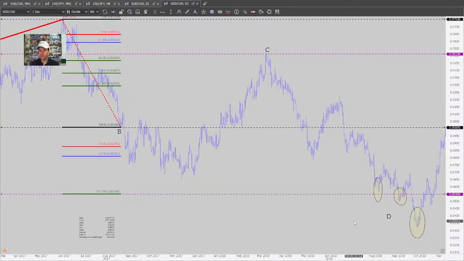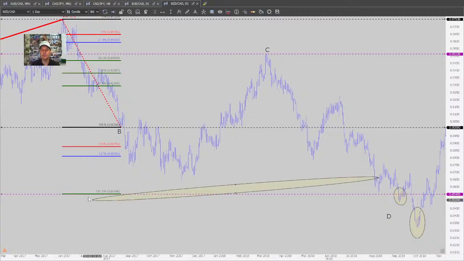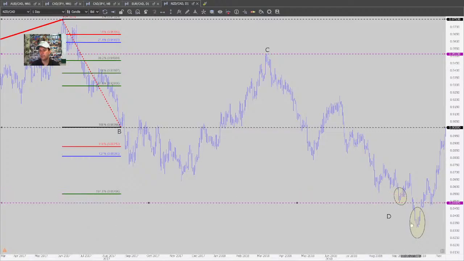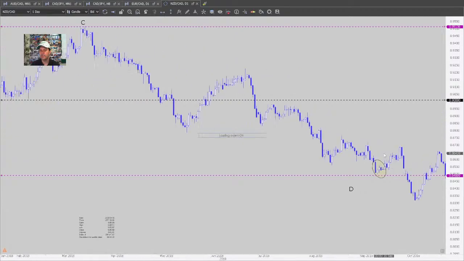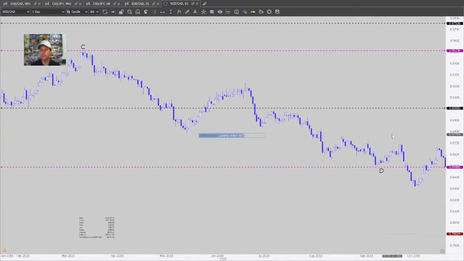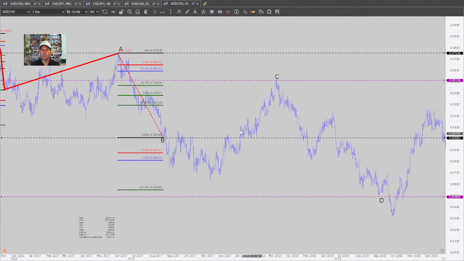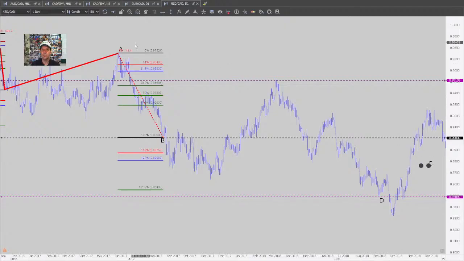The second, exactly. The D must be a low, everybody. The first circle, the market didn't hit the green. And the second circle, we can see it with the eye, right? That's the low. The D must be a low in a down Fibonacci sequence. Now back to the Fibonacci, and as always, A goes to C. C is down in here.